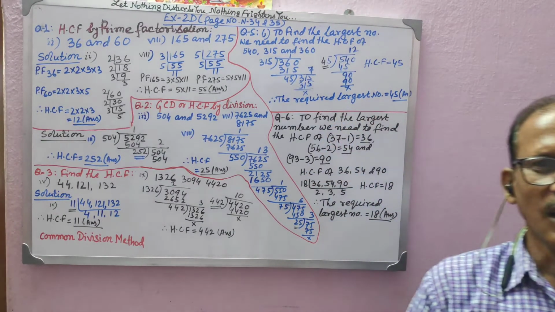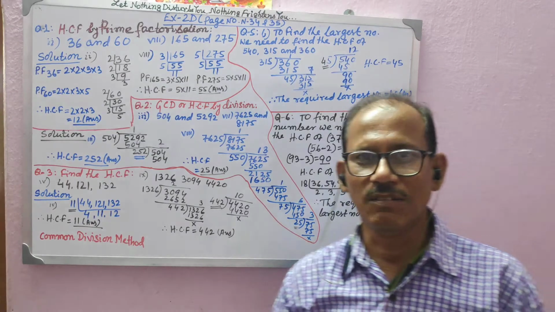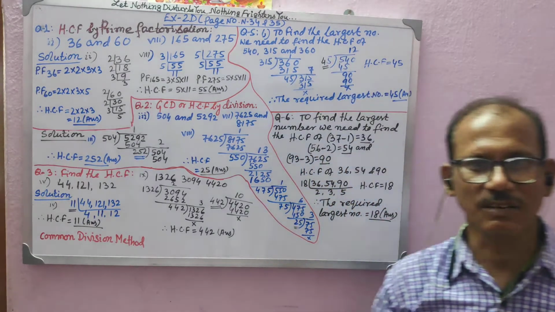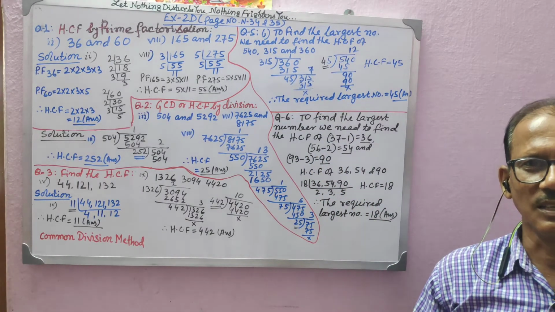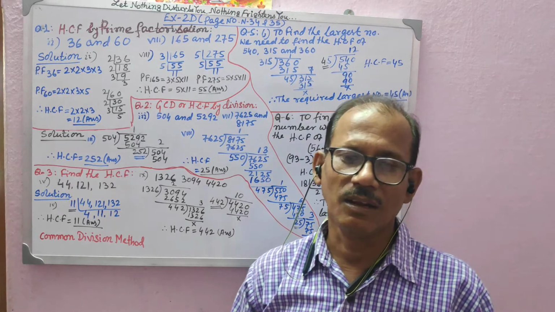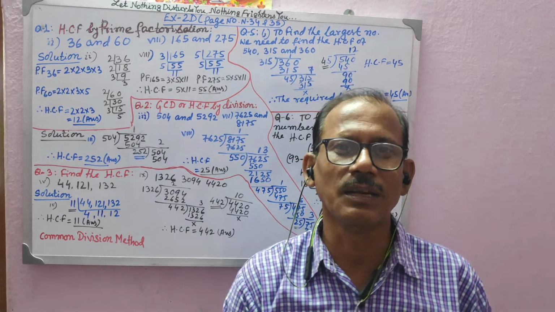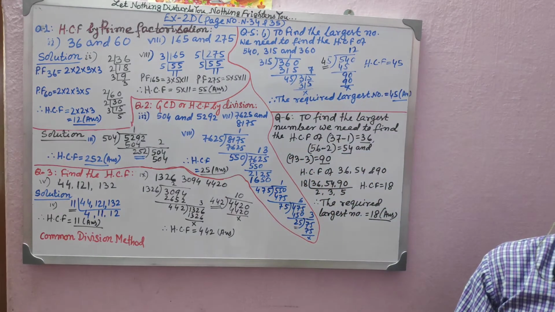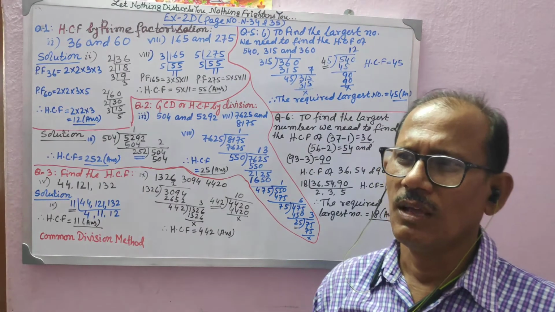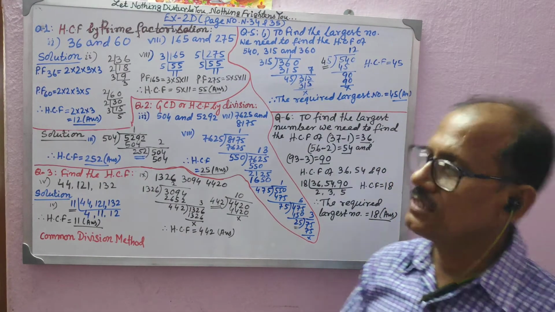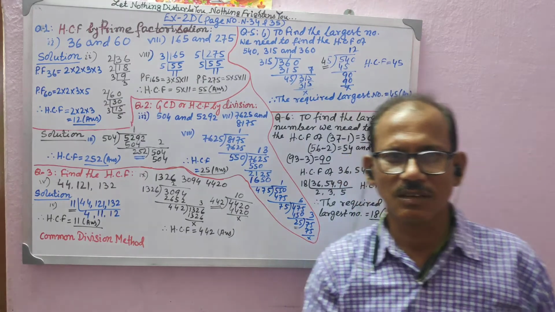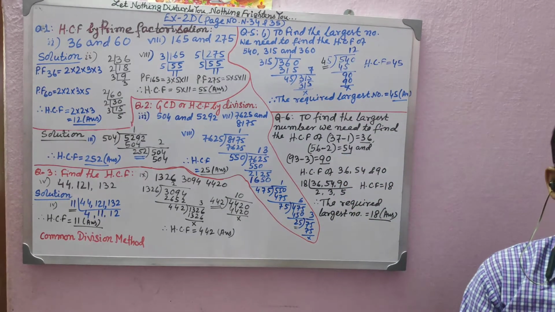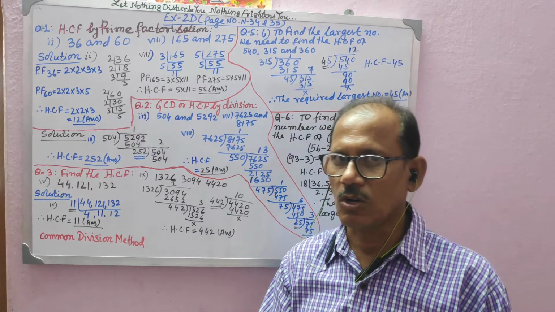GCD means greatest common divisor. They call it a divisor. This particular divisor doesn't leave any remainder. All those divisors that don't leave any remainder are called factors of a number. Could you understand me? That is very clear to you. But you call it H.C.F, which is most commonly used. The term is H.C.F, highest common factor.